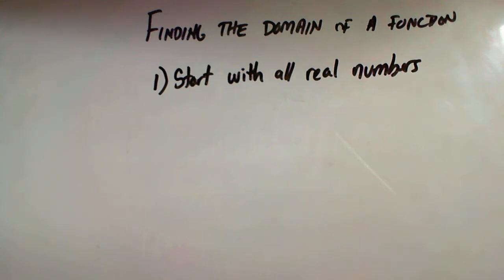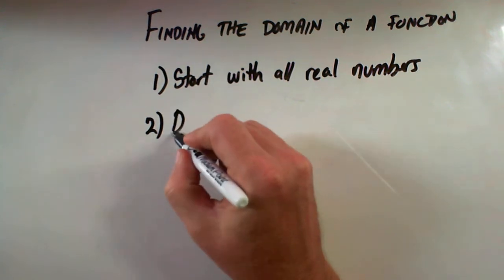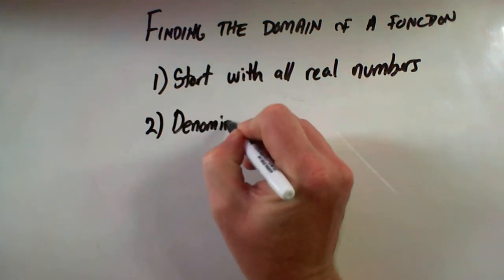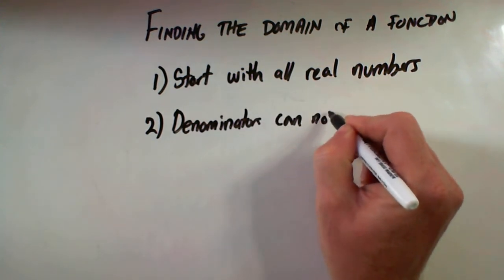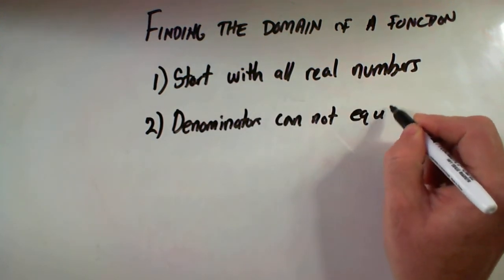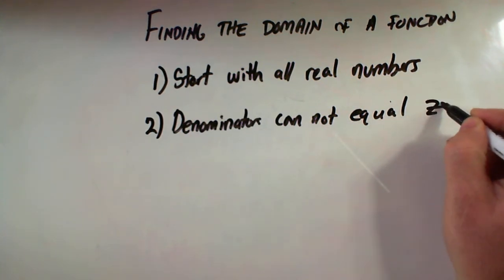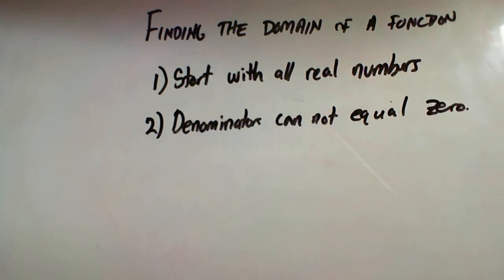Then you've got to ask yourself two questions. Do we have any variables in the denominator? Right? If the function has a denominator, denominators cannot equal 0. So whatever is in the denominator cannot equal 0.